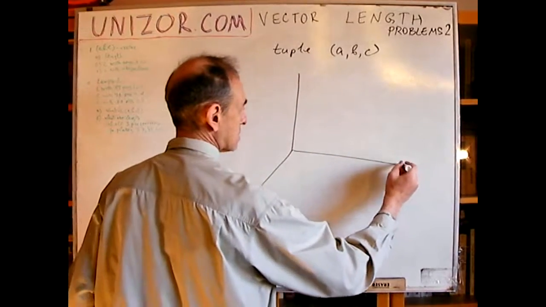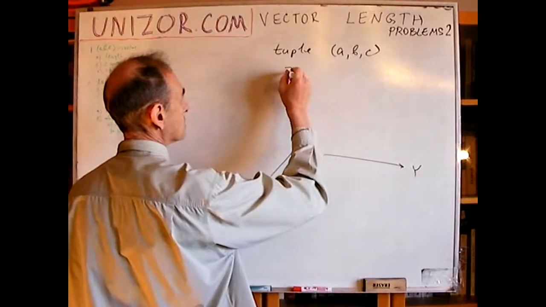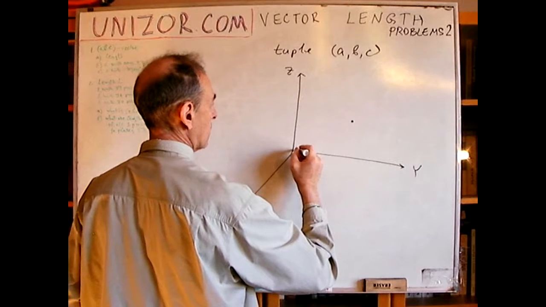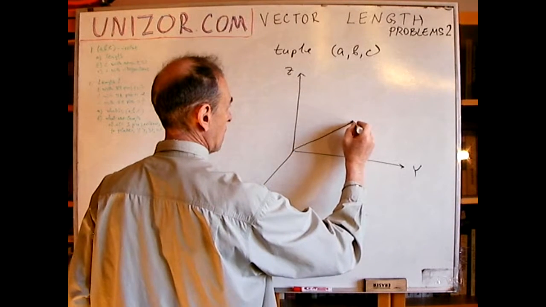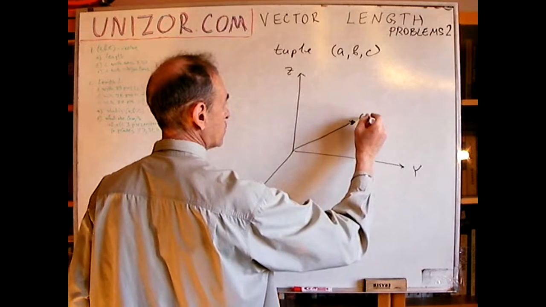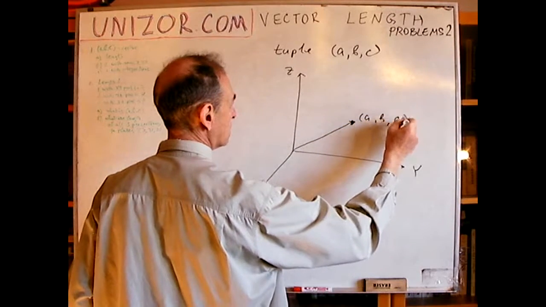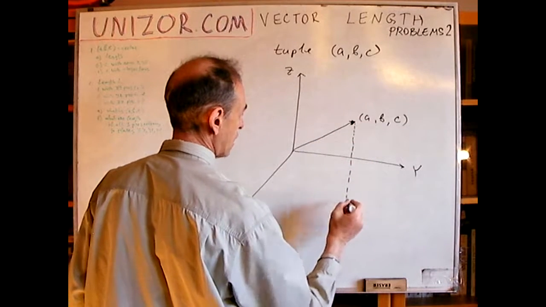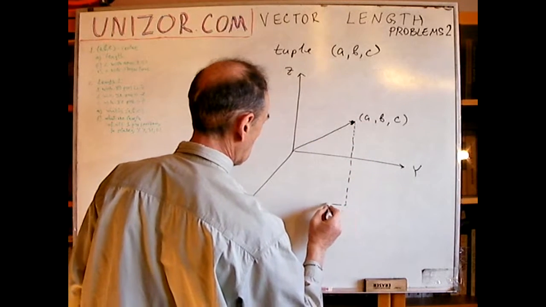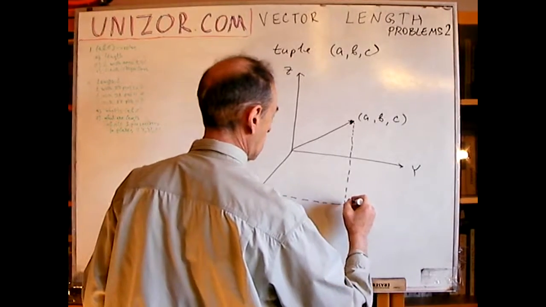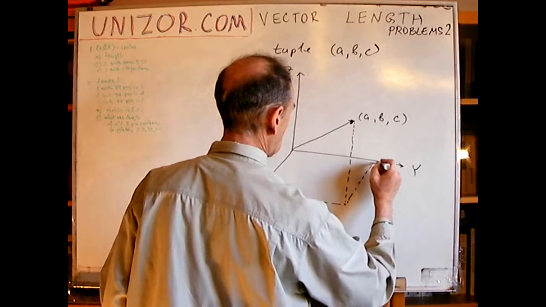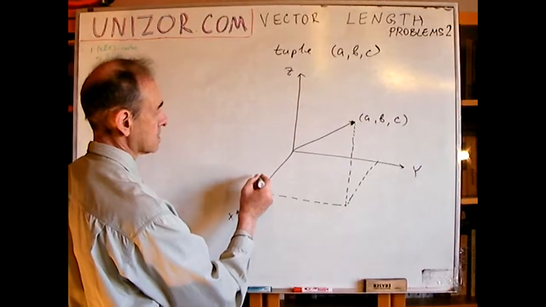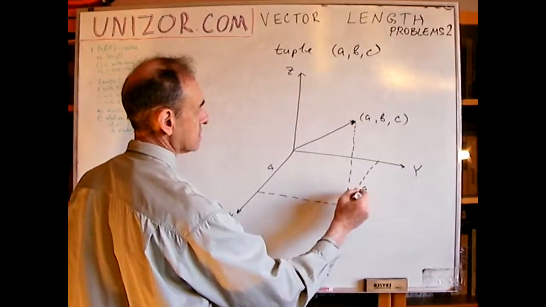This is x, this is y, this is z, and this is the vector which has coordinates a, b, c, which means that its projections on the 3 axes are correspondingly: the projection on x is a, which is the same as this.